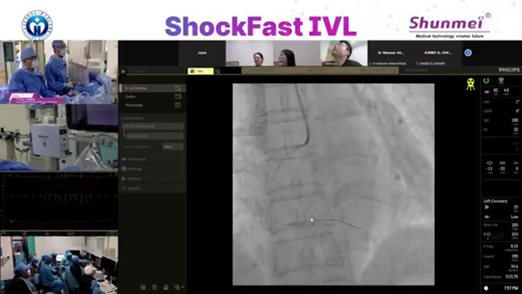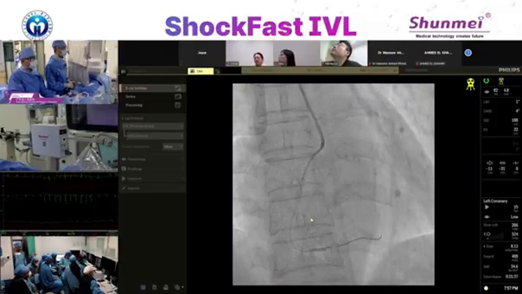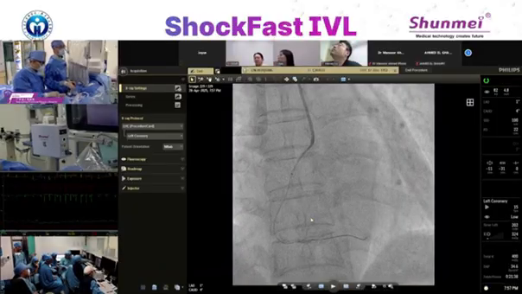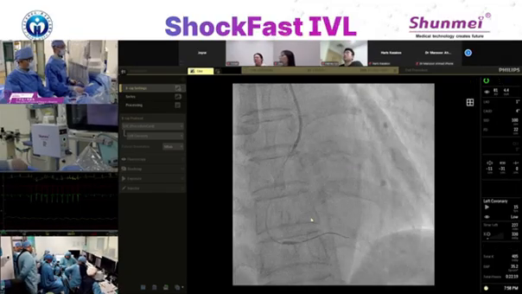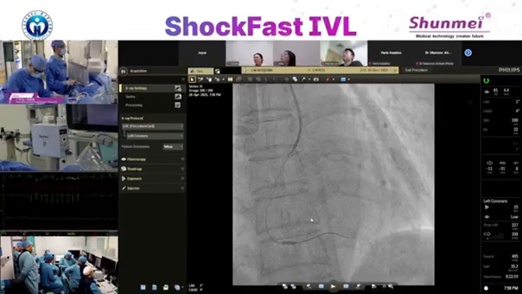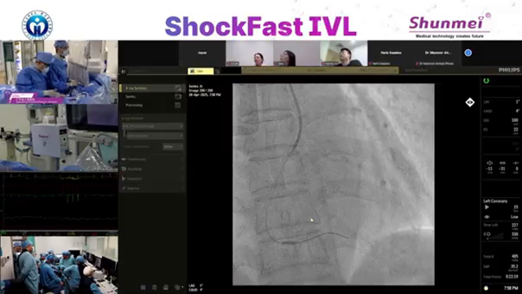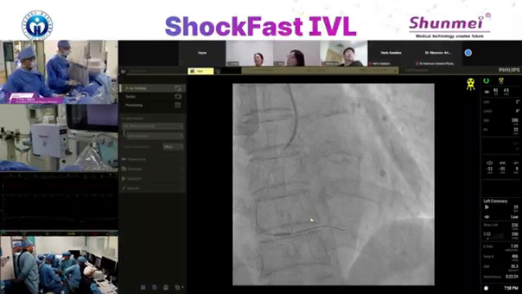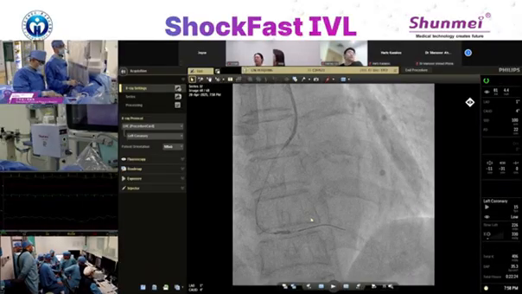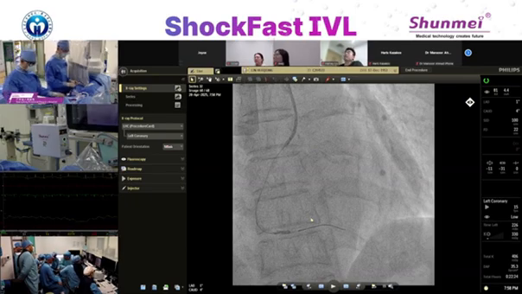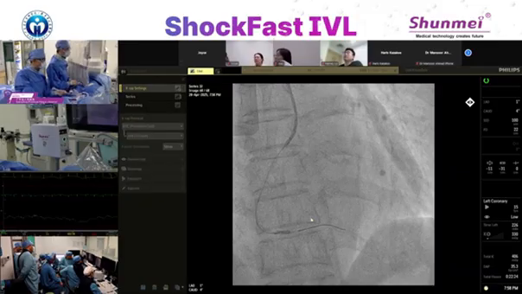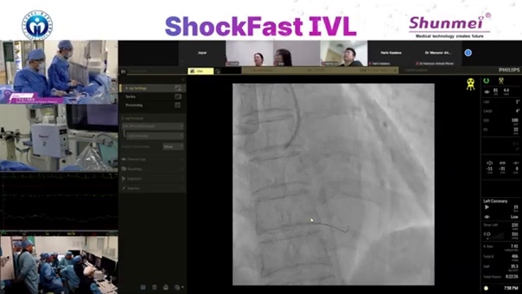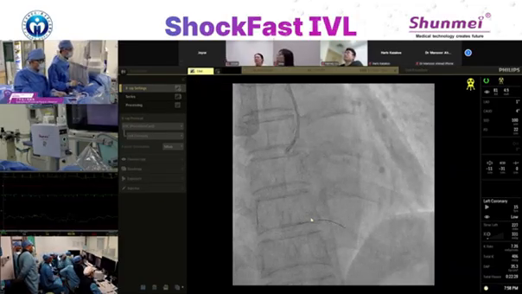No problem. Stop, record. Okay, down, record. Good, inflate again, go to 6 atmospheres. Down, recorded. Okay. Now I'm pulling back the balloon.